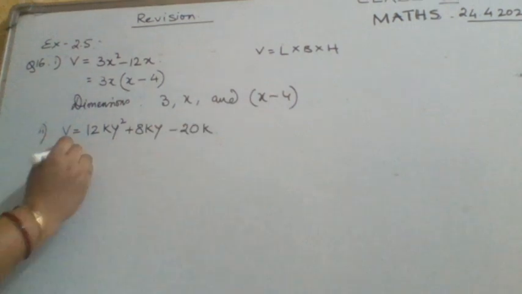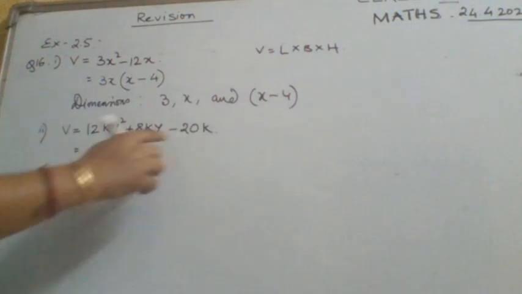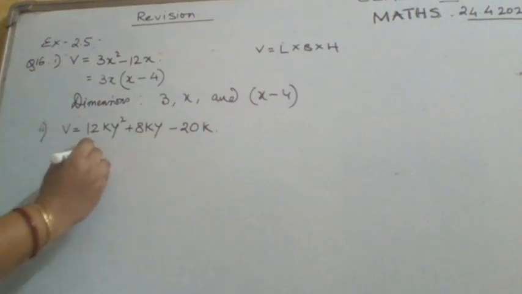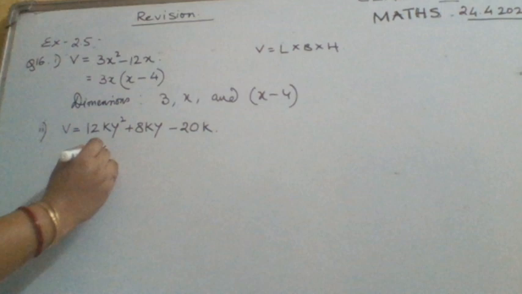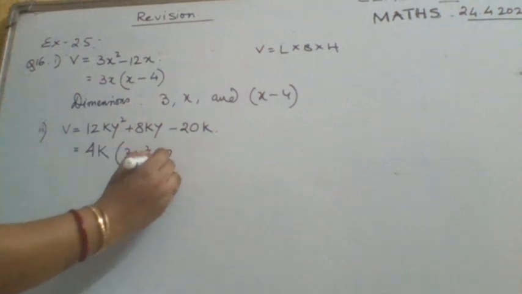Okay, what is to be taken common from all these three terms? We can take 4 common. Along with 4 we can take k common. So within bracket this is 3y square plus 2y minus 5.